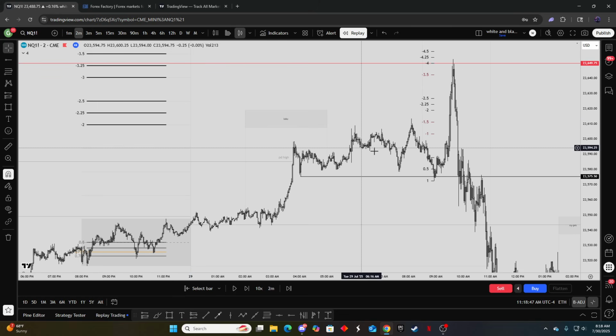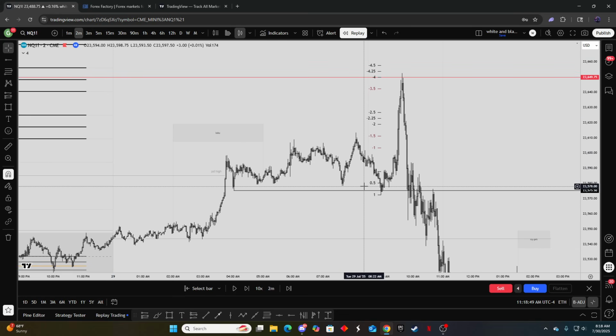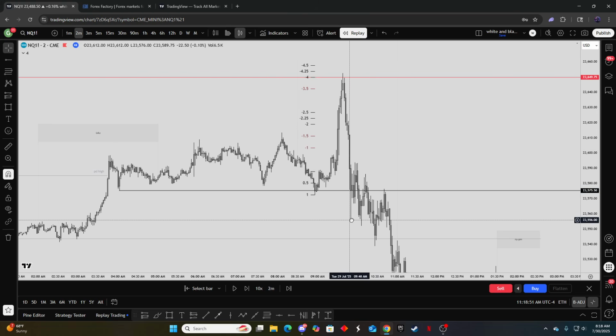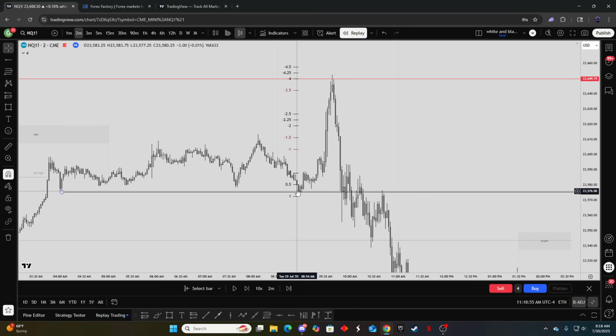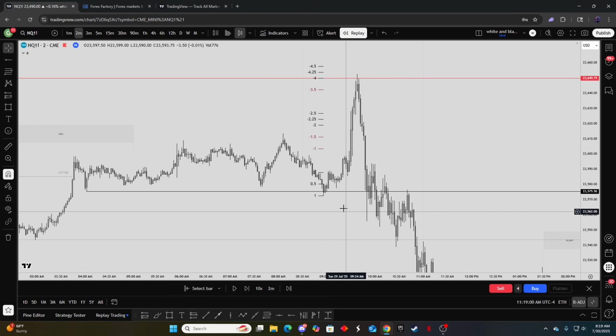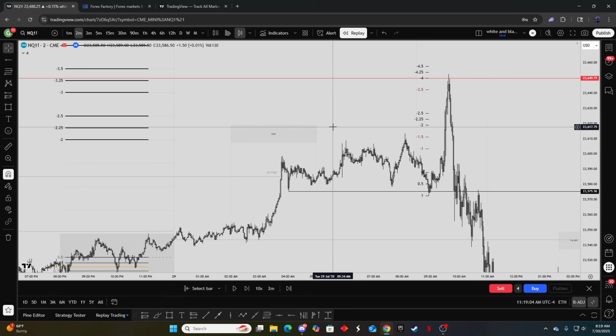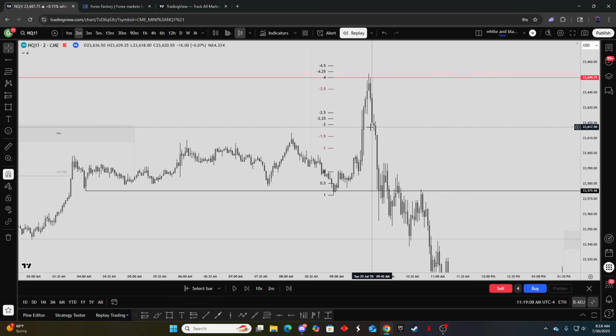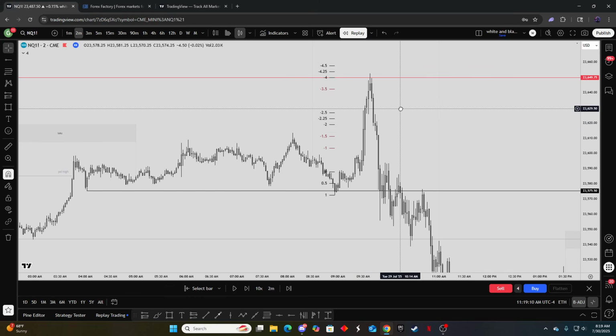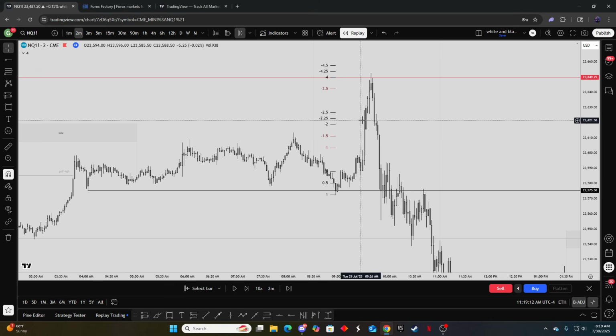So since -2 already played out, and since this was pre-market, and I don't trade pre-market, I trade 9:30 or 10 a.m. This was the previous leg, the market started moving up. So I'll pull deviations from here, and I had this level marked out, the -2, and it didn't give a reaction or anything, because I like to enter off of rejection blocks.